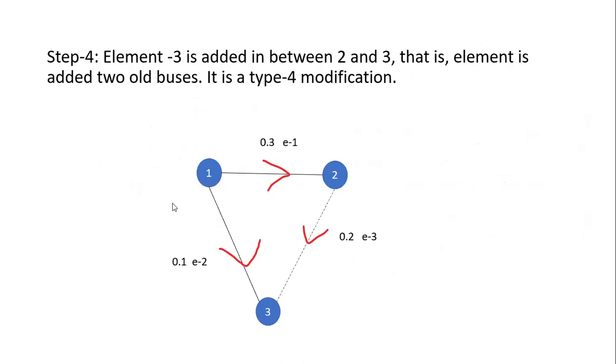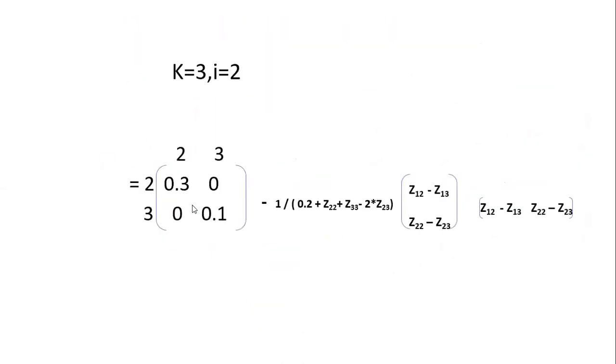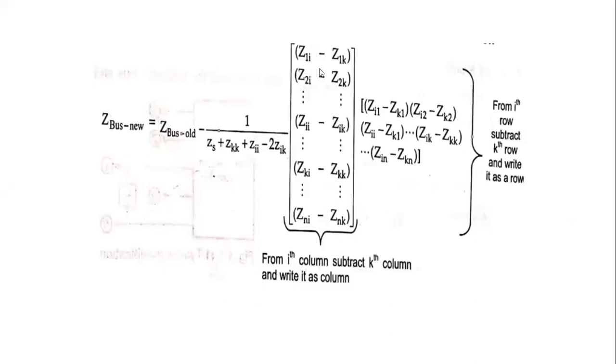What is the value of element 3? ZS is the element that is added between the two old buses, then ZKK, where I is equal to 2 and K is equal to 3.